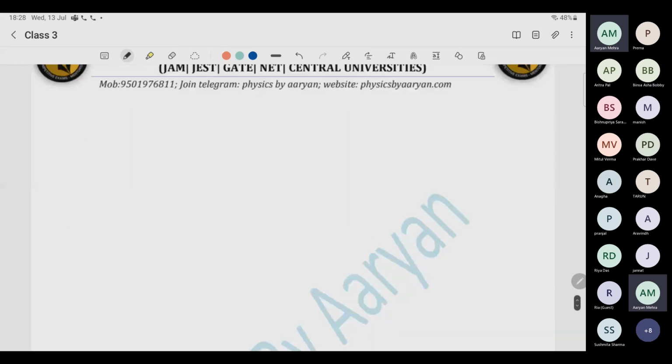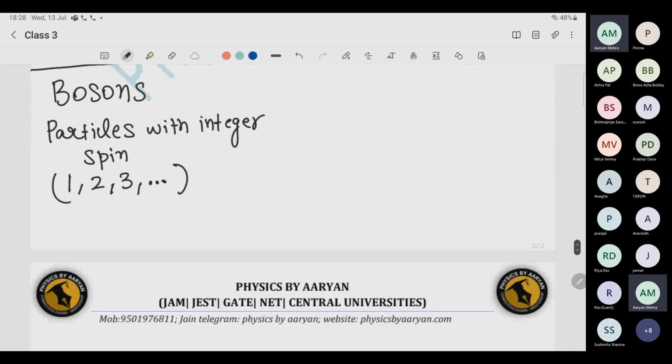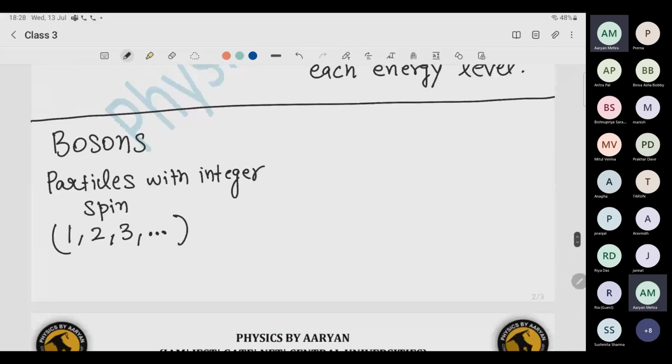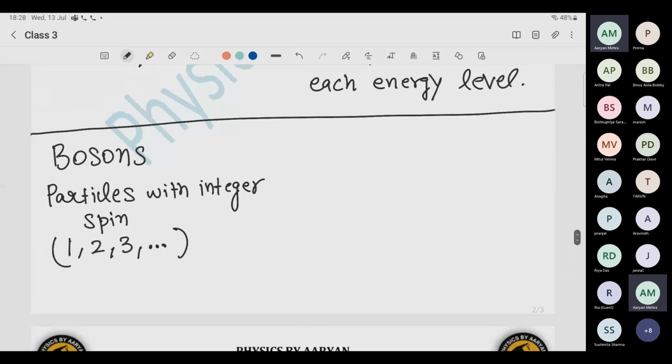Any example of a boson? It's a very, very fundamental example. You are able to see because of this particle. Higgs boson. No. Photons. Higgs boson could also be a right answer. I don't know about that, but photon is one of the examples.